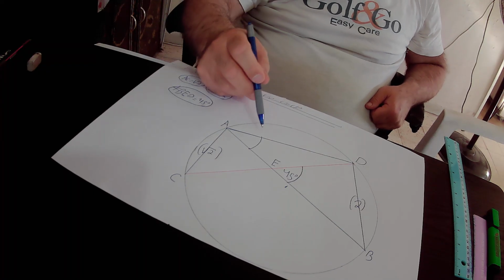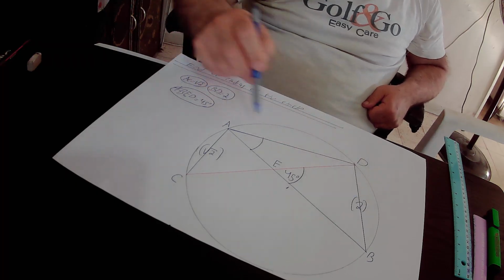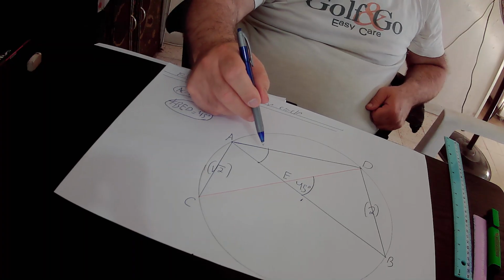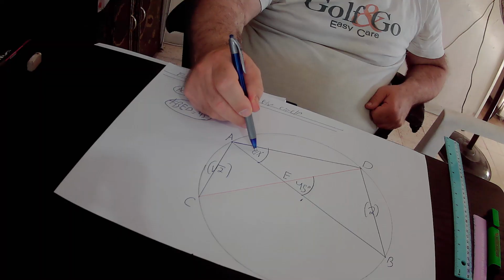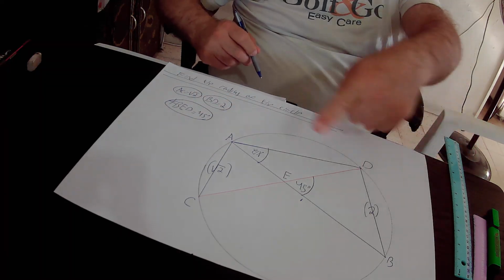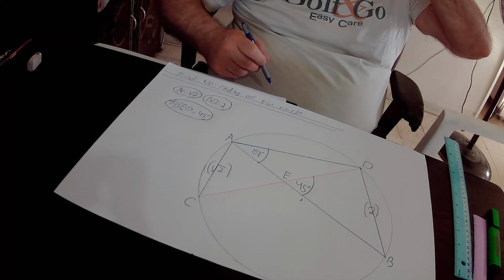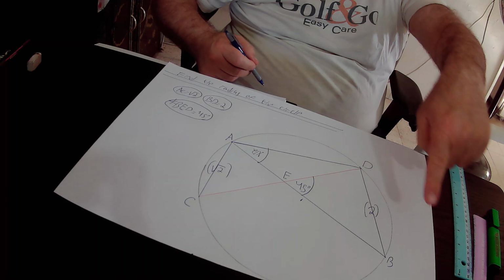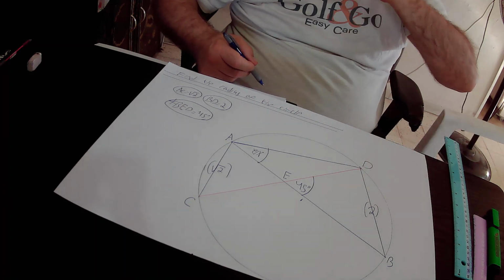We define the size of this peripheral angle BAD as x over 2. This peripheral angle BAD subtends on chord DB.